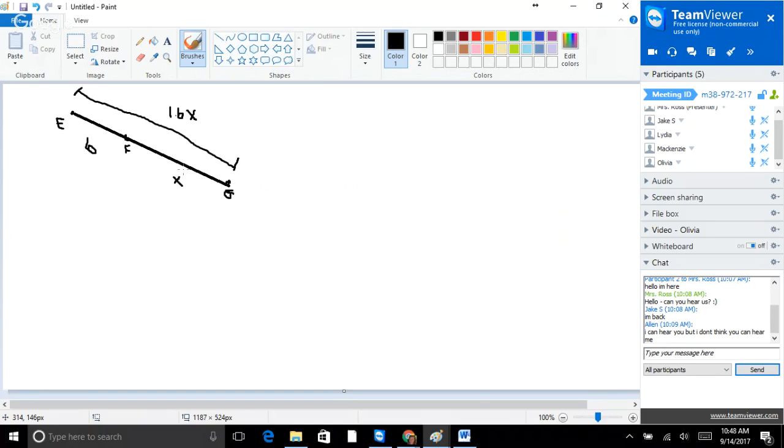It's just that they're going to throw some algebra in there at you. So what does that mean? That means that the distance from E to F plus the distance from F to G equals the total distance. Mathematically, that's 6 plus x equals the total length, which is 1.6x.